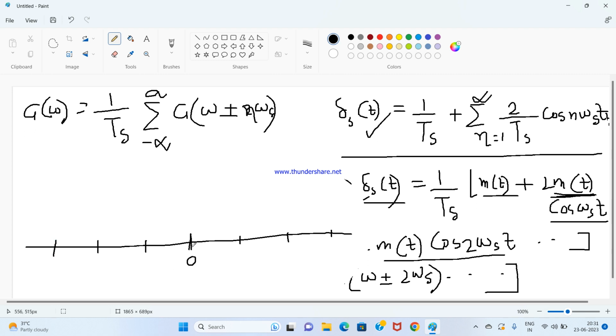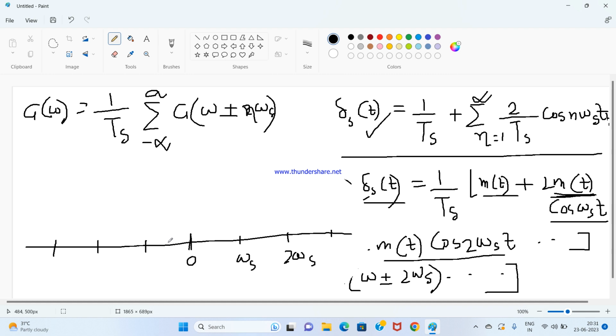Okay, every omega s. So this is your center, this is 0, this is omega s, this is 2 omega s, 3 omega s, minus 2 omega s, and so on.